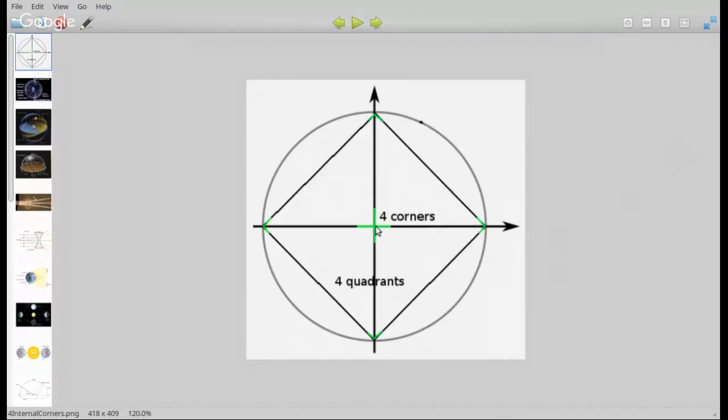You can also get the same thing by putting the four corners as internal corners. That is to say, where the four quadrants meet. And you still have four corners, four right angles, and these represent the four quadrants of the earth.